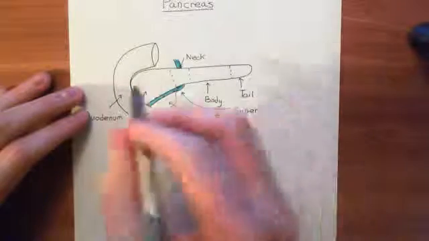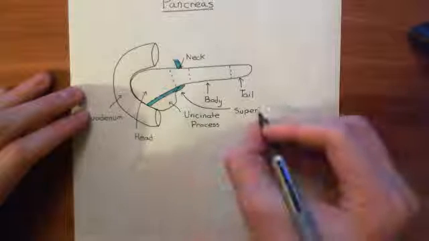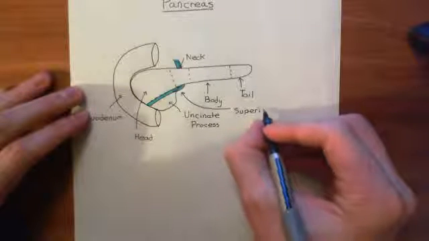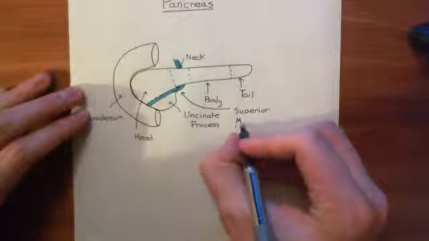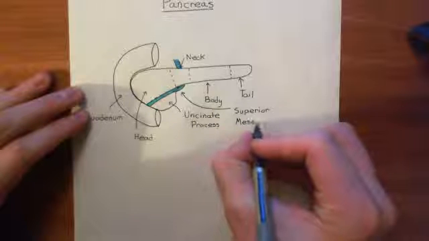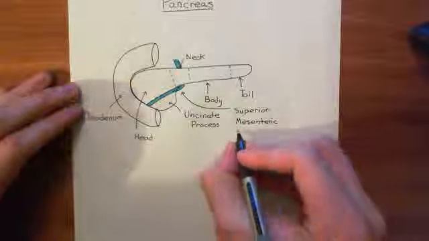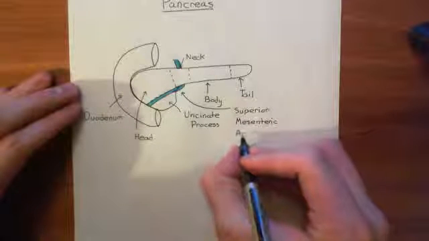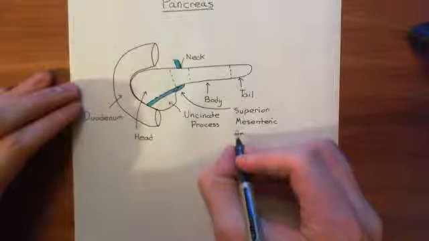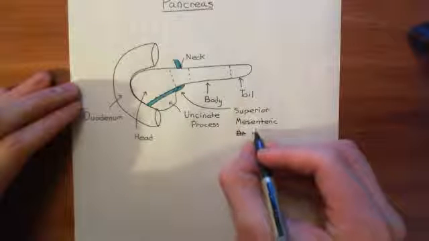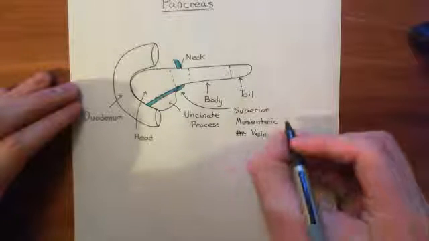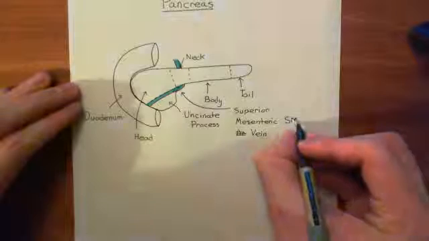So it's going to go and join with some other veins to make the hepatic portal vein. So this is the superior mesenteric, which means pertaining to the mesentery, or the intestines, okay, and then artery. Oh, sorry, not superior mesenteric artery, cross that out. Superior mesenteric vein, and for short that is the SMV.